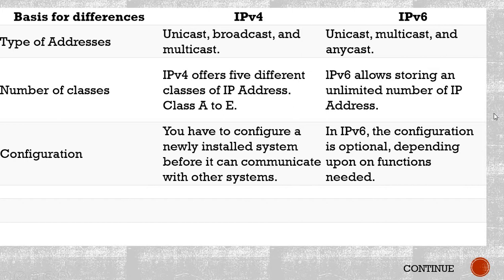Now when we talk about configuration, in IPv4 a newly installed system must be configured before it can communicate with others, and in IPv6 the configuration is optional, depending upon the function needs.